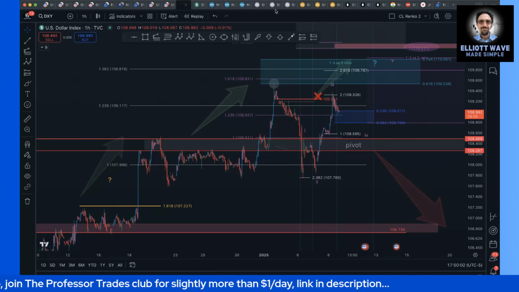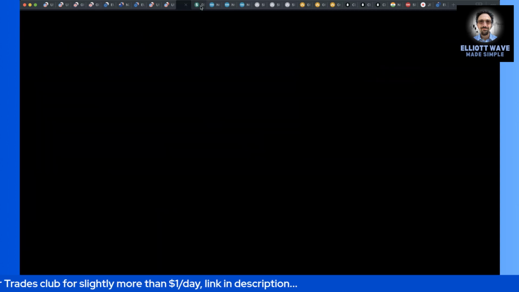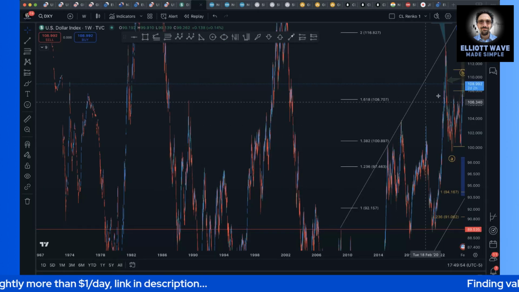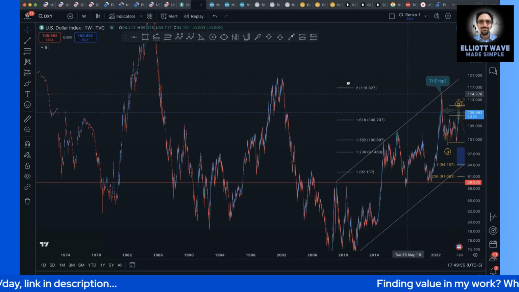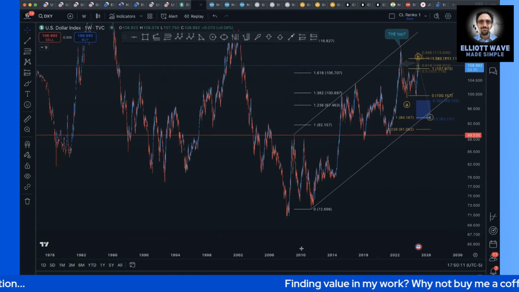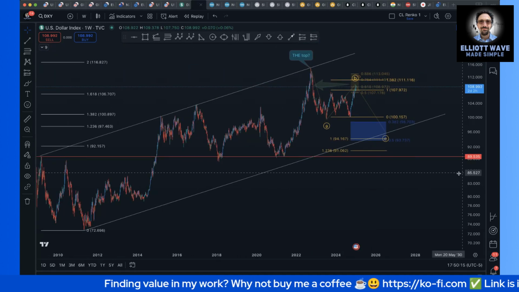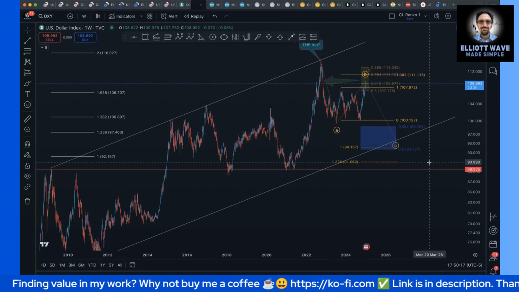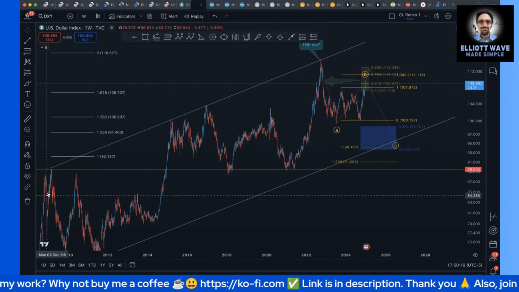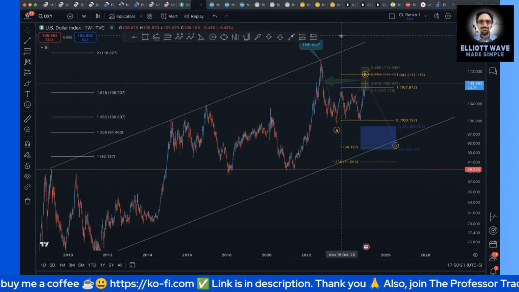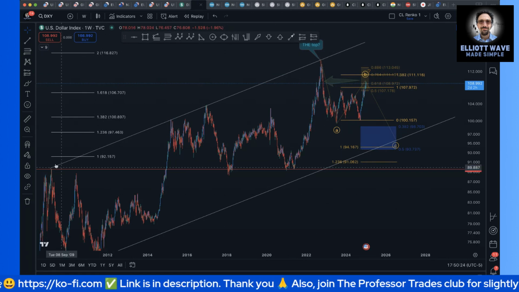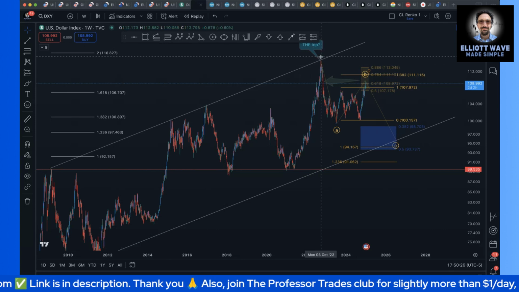Before I move on from the dollar, let's get our context looking at the weekly dollar chart. What we're really tracking is this larger B wave, because this whole structure is a 1, 2, 1, 2, 3, 4.